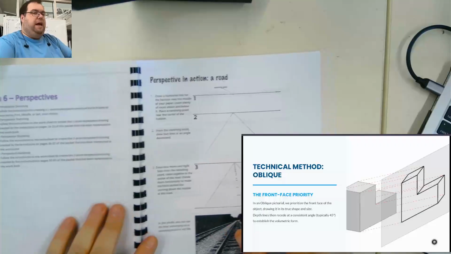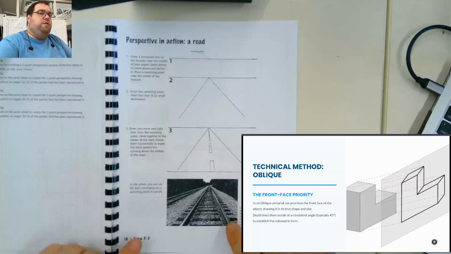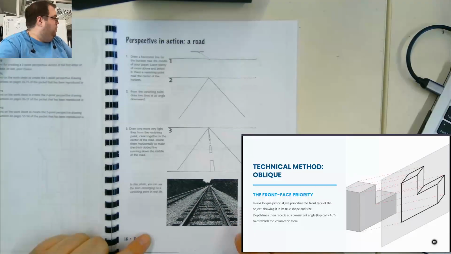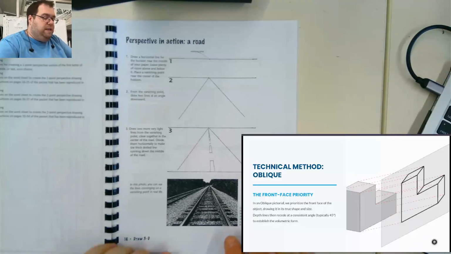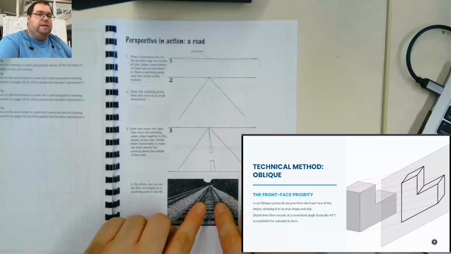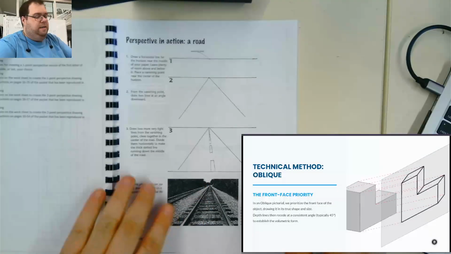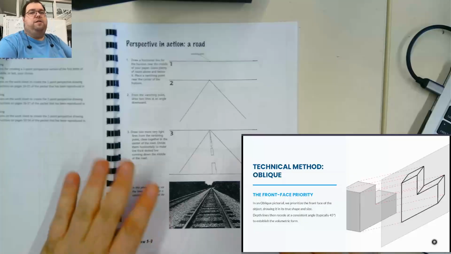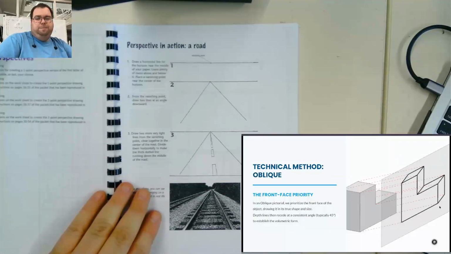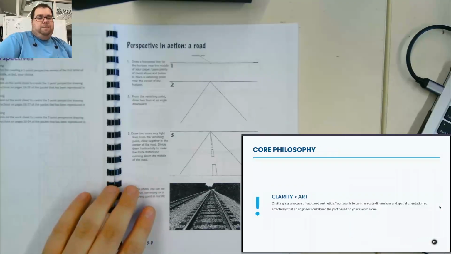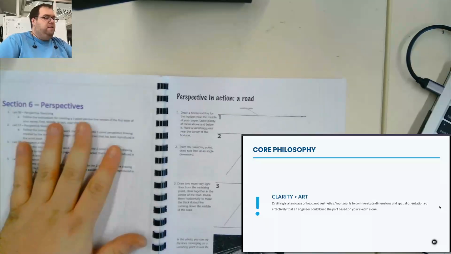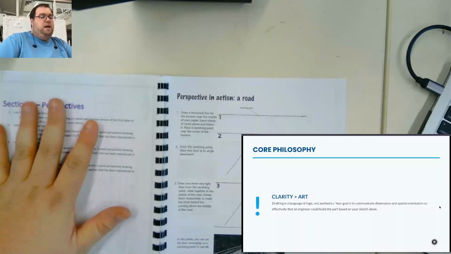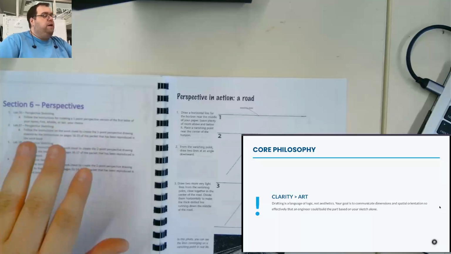This is kind of skipping ahead in what we're doing, but this picture of the railroad tracks at the bottom of this page in your workbook is a perspective photo, meaning that you can see the tracks get closer together as they disappear into the distance. And that's a key focus of what we're going to be doing today. The key here is that when you're doing objectives, when you're doing isometrics, you're going for an engineering perspective.